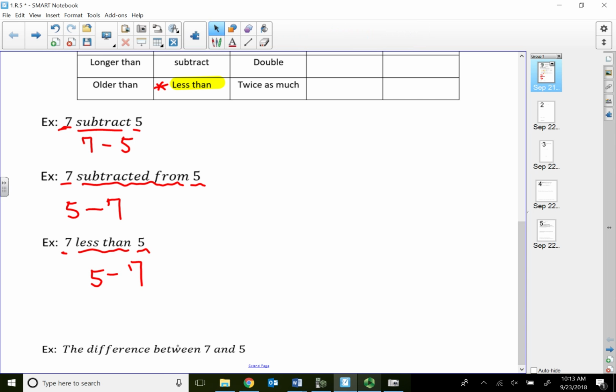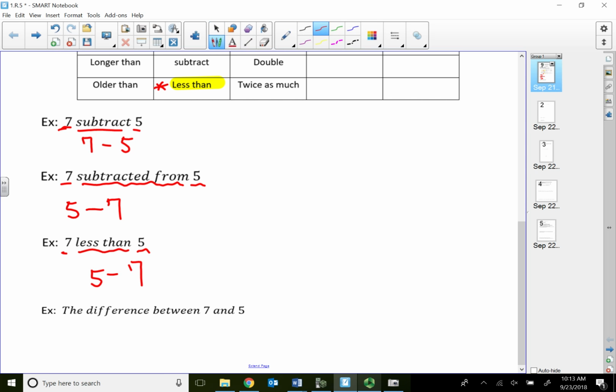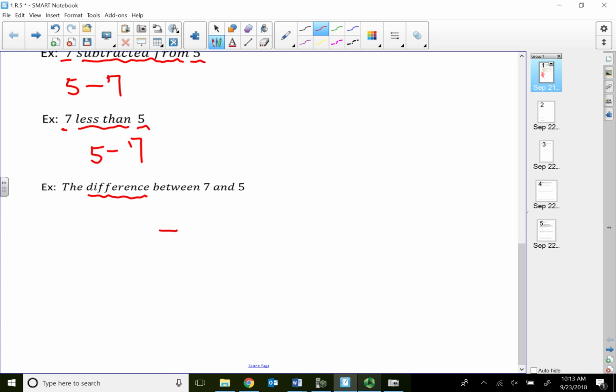Now let's take a look at this one, the difference. When you see the word difference, you write a subtraction sign. But once you write down a subtraction sign, somebody has to go in front and somebody has to go behind the subtraction sign. It's a subtraction between who? It tells me right away 7, so 7 goes in front.